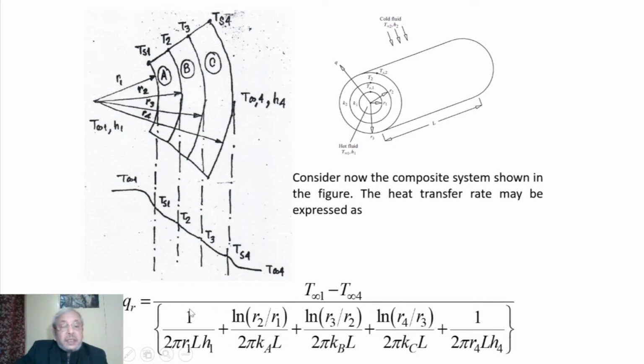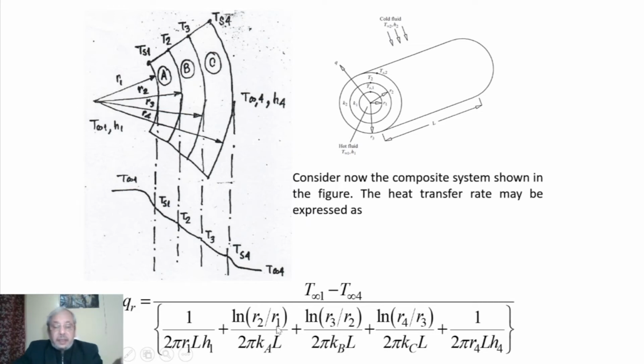Now, in the last class we already learned the convective resistance, 1 by A1 h1, where A1 is area 1, which is twice pi R1 L into h1. Then the conduction resistance in radial geometry for material A we can write as ln(R2 by R1) divided by twice pi Ka L.